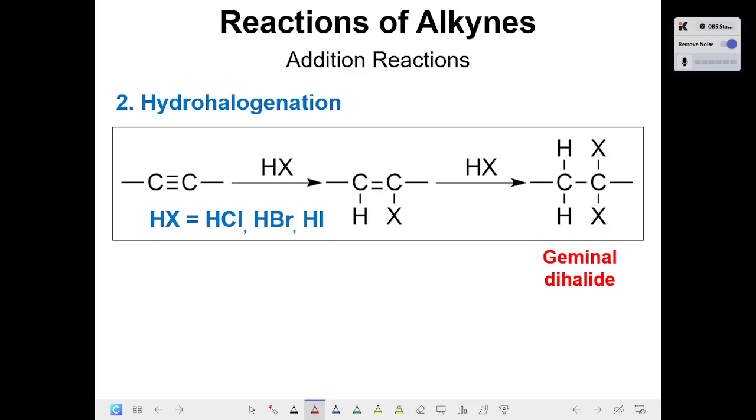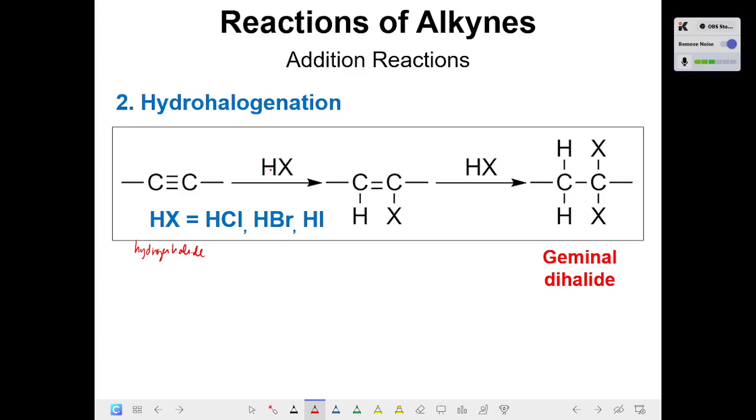Now, let's go to hydrohalogenation. When we say hydrohalogenation, you add here hydrogen and a halogen. So, this is the general reaction. So, you have your triple bond reacting with a hydrogen halide. So, the HX is a hydrogen halide, and that could be HCl, HBr, or HI.